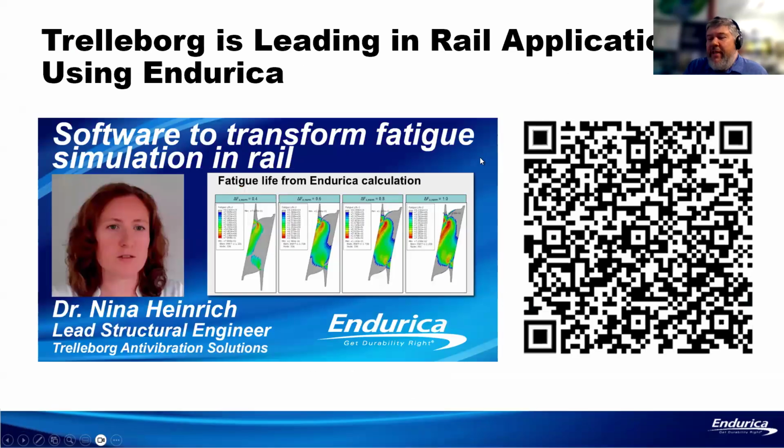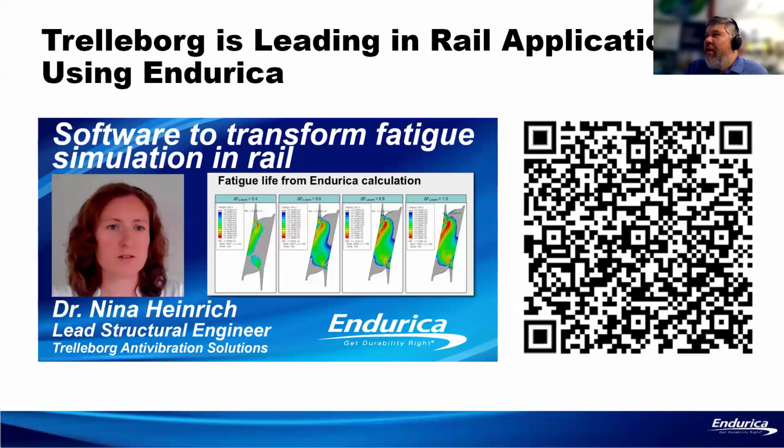Last example on the completeness discussion, and not going to unpack all of this, but if you're interested, at InnoTrans, which is a rail conference in Europe in September, Trelleborg talked about how they do life prediction in their rail applications.